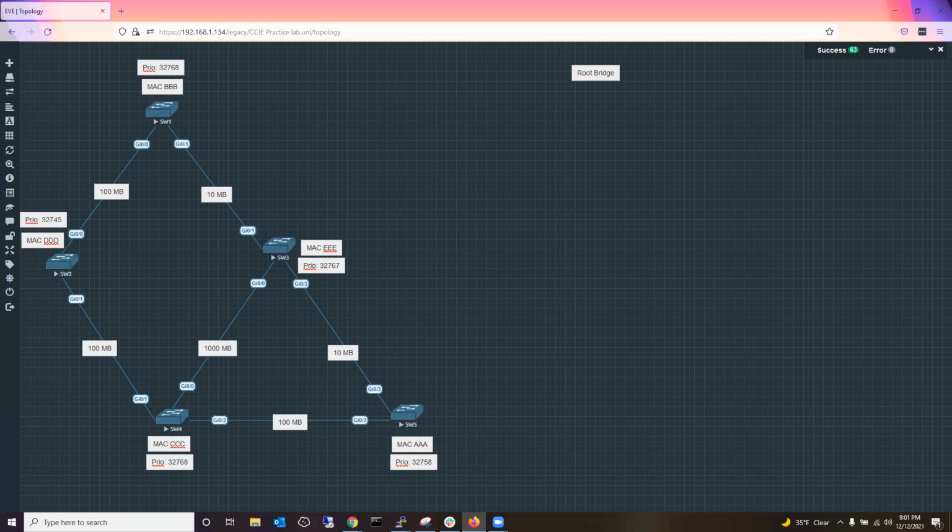Lowest for layer 2. There you go. So if we're talking about lowest for layer 2, who would be the root bridge in this topology? Switch 2. That's the lowest, no? Yes. Why? It has the lowest priority. There you go. Good stuff.